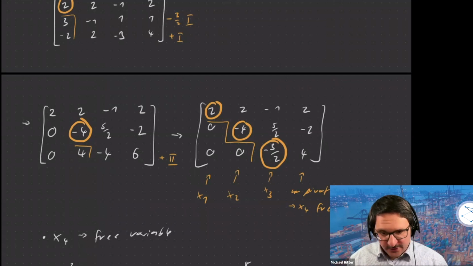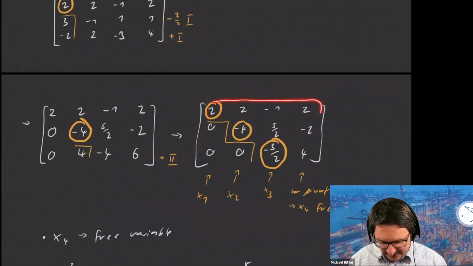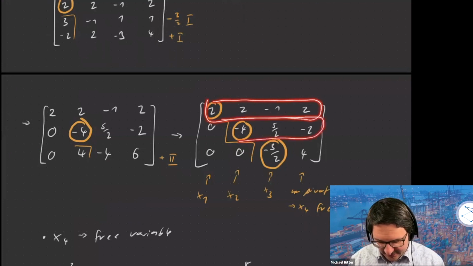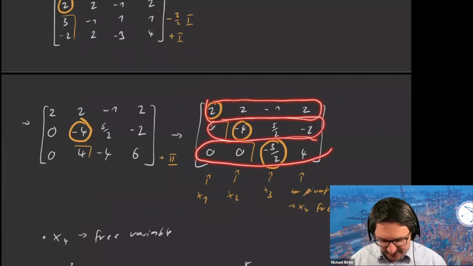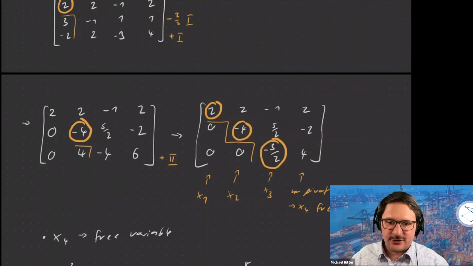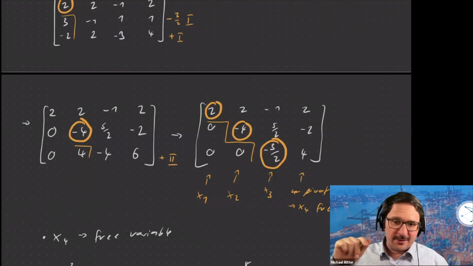So that means we could also take these 3 vectors, this row and this row and this row. This would also be a valid basis of the row space. In general, you would just take all rows that have a pivot element, and that would form a basis of the row space. That's correct, yes. You can't do so, however, for the column space, right?